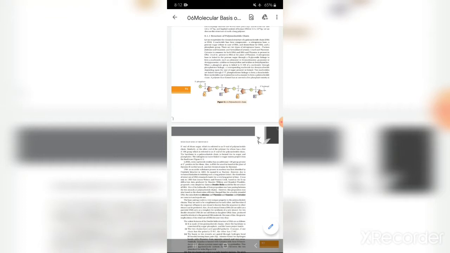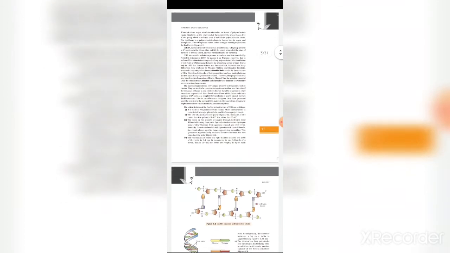Last day we went through the structure of this backbone, the sugar phosphate, the nitrogenous base, and the phosphate group. Now if you go through the structure of DNA, the two chains are anti-parallel. Last day I told you that DNA has polarity, that is, the end in which the phosphate group is free is the 5 dash, and the end in which the hydroxyl group is free is the 3 dash.